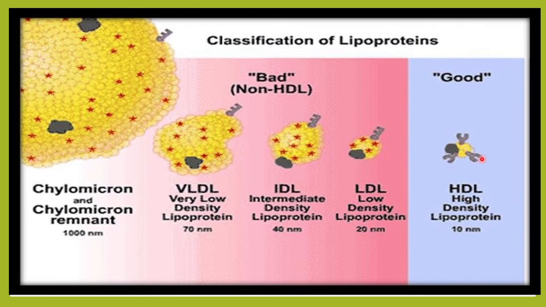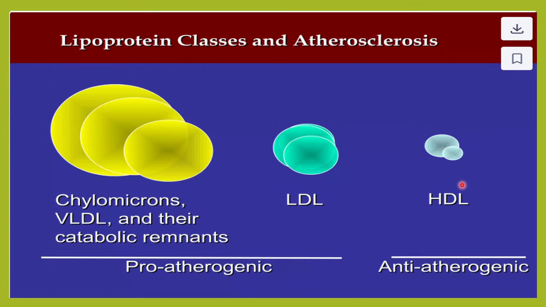And your good cholesterol is your HDL cholesterol. I have also talked about anti-atherogenic and pro-atherogenic. Only HDL is anti-atherogenic, so we want HDL levels to be higher. And chylomicron, VLDL, their remnants, and LDL are pro-atherogenic. We want their levels in the blood to be lower.